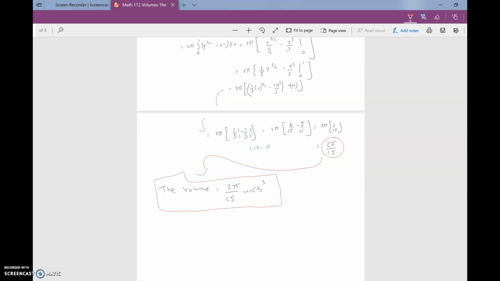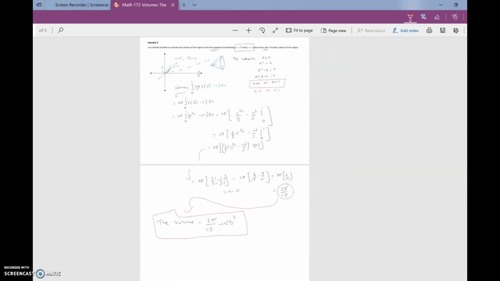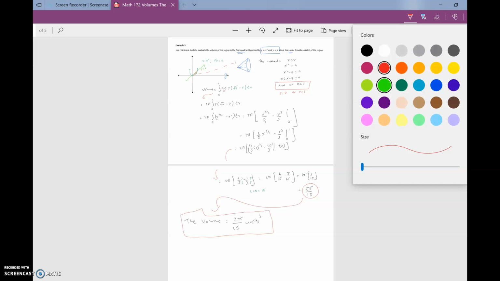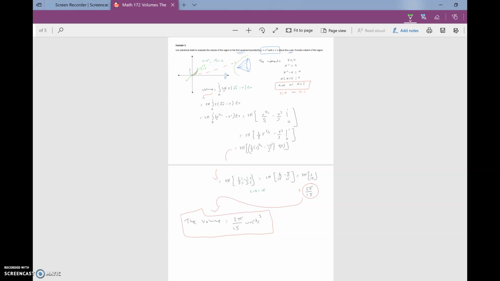That's what we're obtaining if we were to revolve along the x-axis the y is equal to x squared and the y is equal to x. The approximate shape would be this cone.